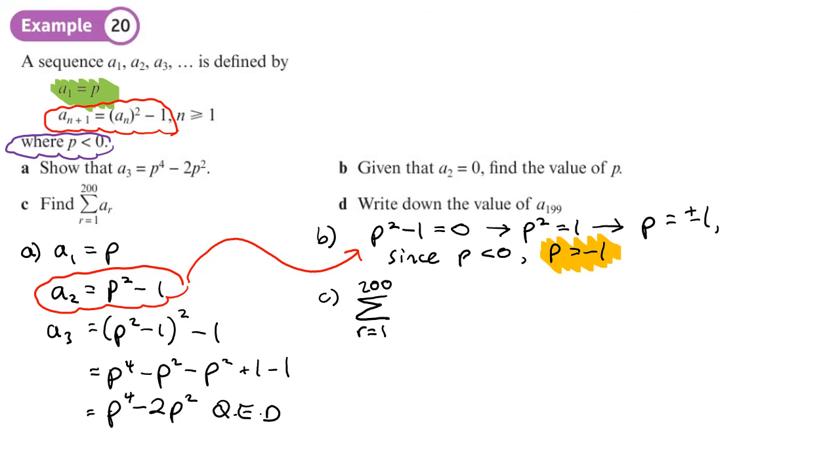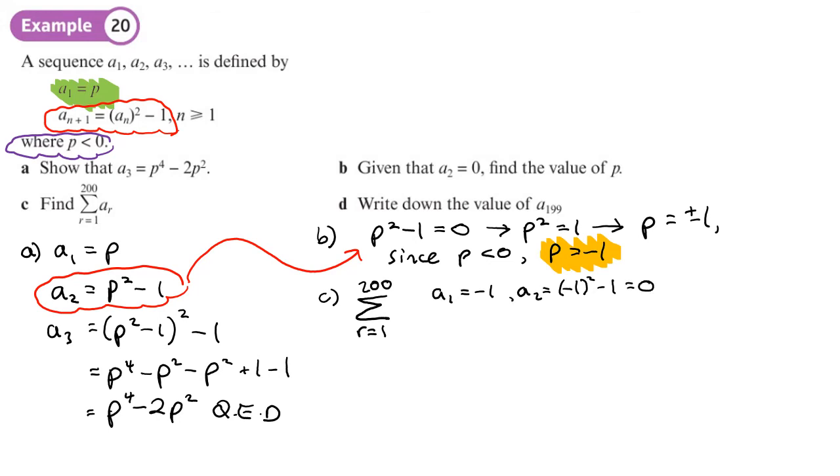Well, terms are 200. Right, so A1, the first term, is going to be negative 1 because P is negative 1. A2, the second term, well, that's just going to be negative 1 squared minus 1. No, actually we're told that it's 0, isn't it?